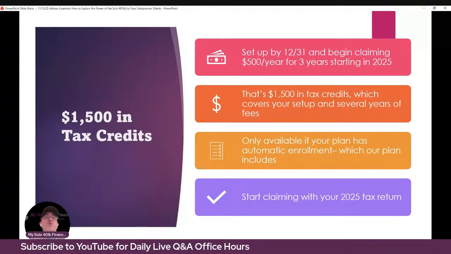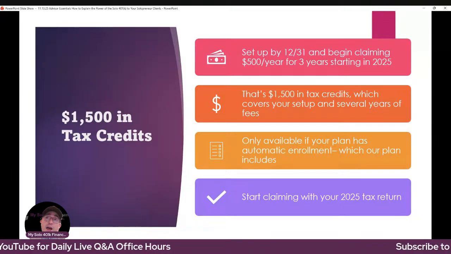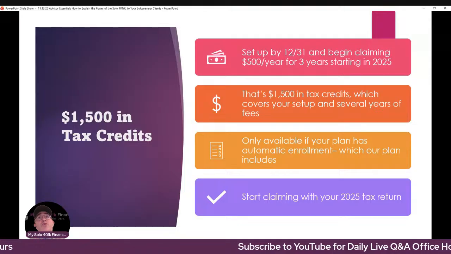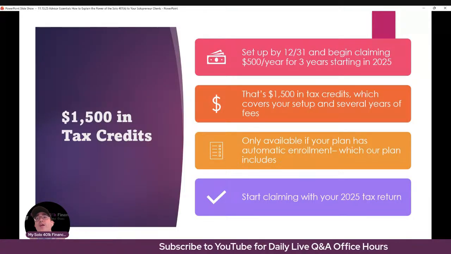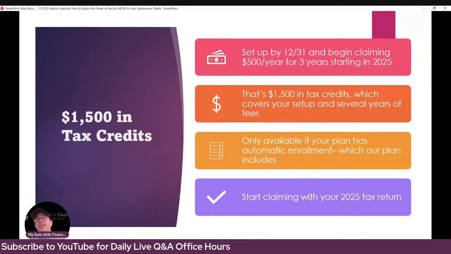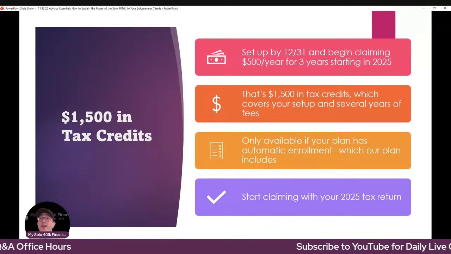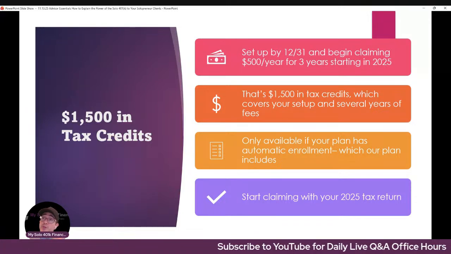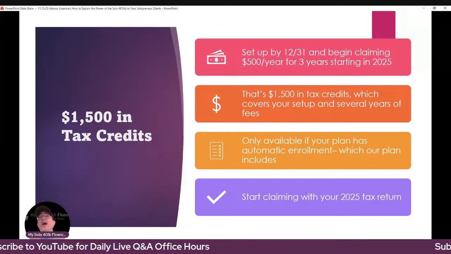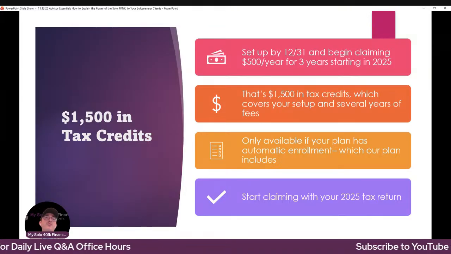Now, we also note that in order to be eligible to claim the credits, the plan needs to include an automatic enrollment feature, which we automatically draft documents to include. Part of that feature is setting a default 3% contribution percentage, but the individual doesn't need to make contributions to be eligible to claim the credit. Why? Because the individual, as the participant, so the solo 401k owner, as a participant in the plan, has the right to opt out of that default 3% contribution percentage.